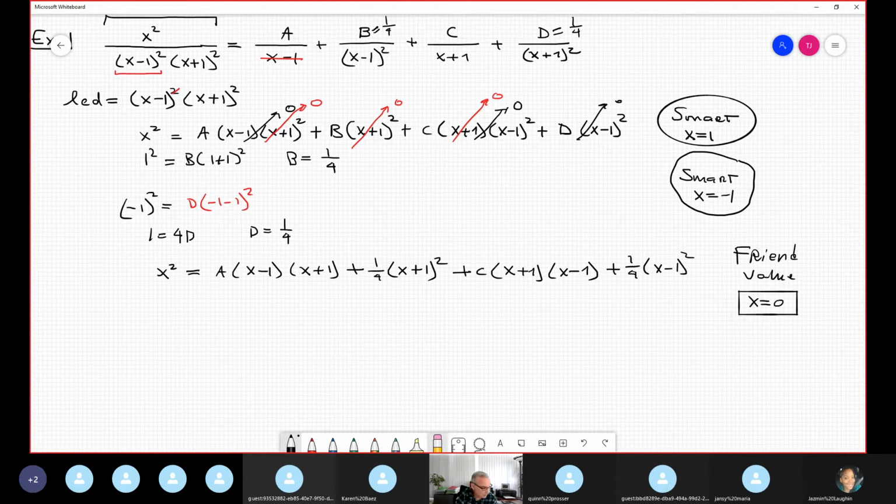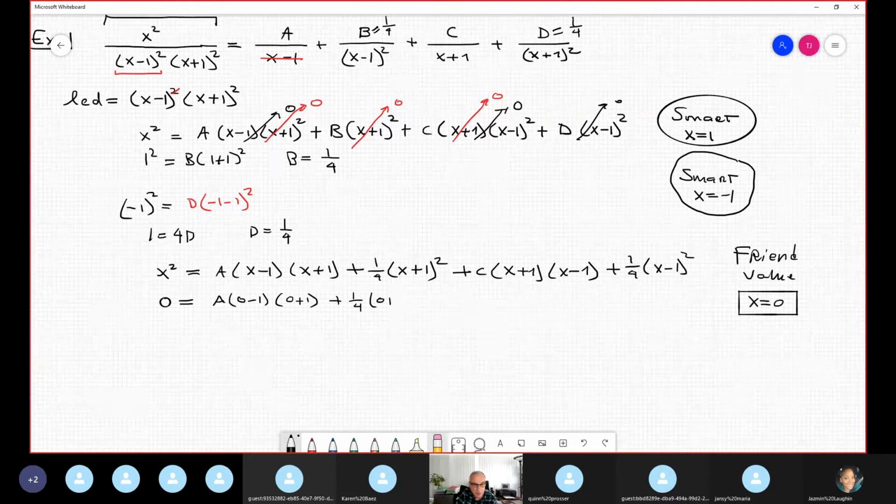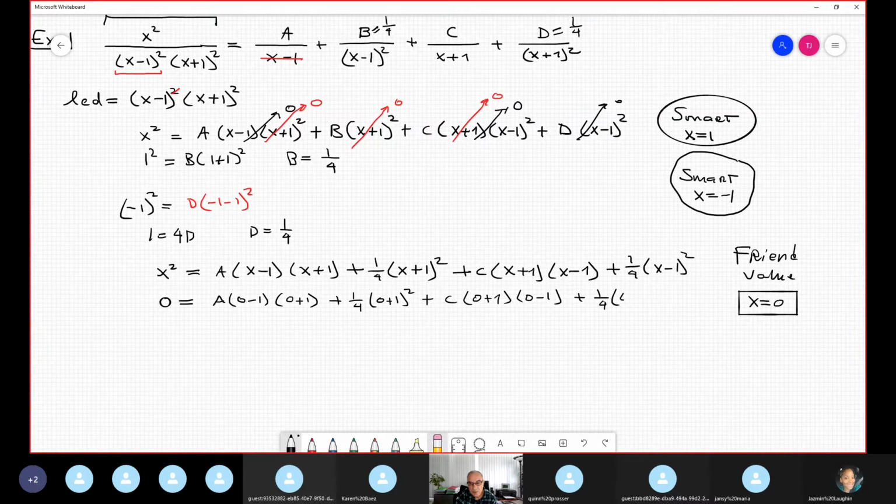When it's 0, we have 0 squared, 0. And we have A times 0 minus 1, 0 plus 1, plus 1 over 4, 0 plus 1 squared, plus C, 0 plus 1 and 0 minus 1, and 1 quarter, 0 minus 1 squared.